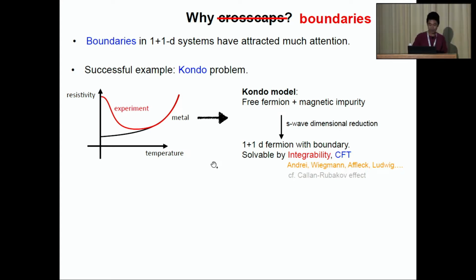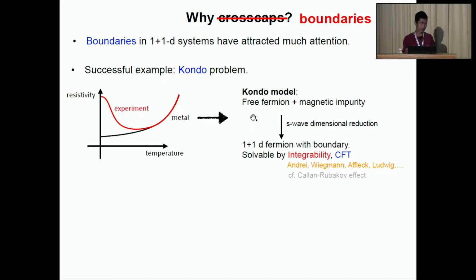If you take some metal like gold and experimentally measure the resistivity, then people observe that the resistivity actually goes up. This is what's called anomalous resistivity at low temperature. And Kondo pointed out you can understand this behavior by the following model, which is free fermions plus a magnetic impurity. He pointed out that this magnetic impurity is important for explaining this anomalous resistivity.